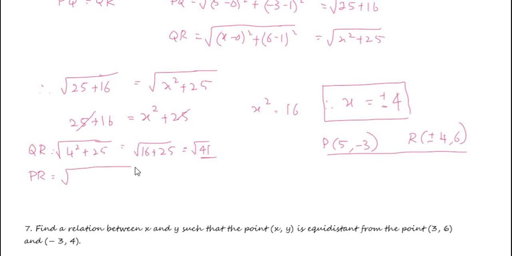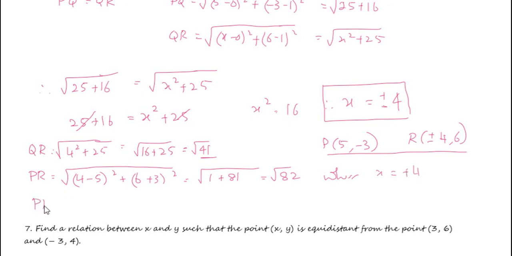So square root of (4 minus 5) whole square plus (6 minus of minus 3), so (6 plus 3) whole square. This comes to (4 minus 5) whole square is 1 plus 9 square is 81. So this is square root of 82 when x equal to plus 4.